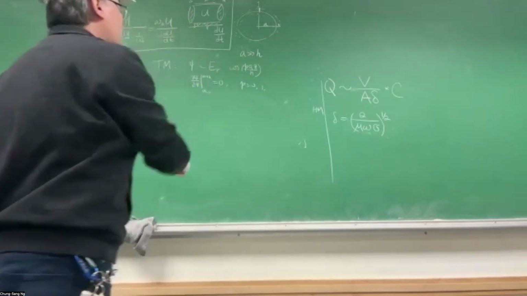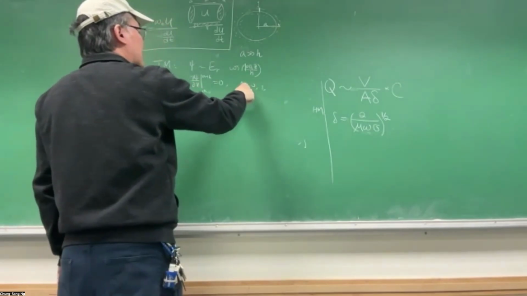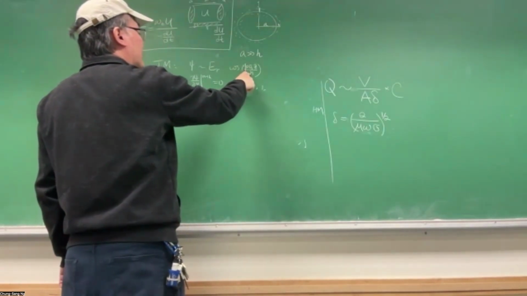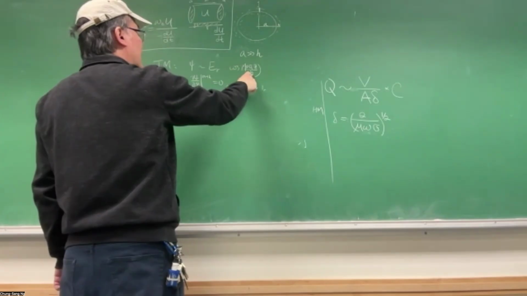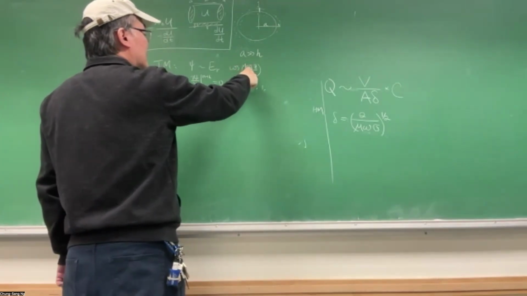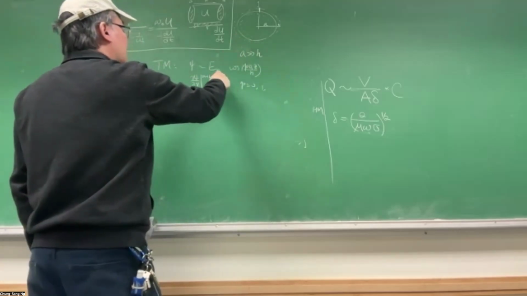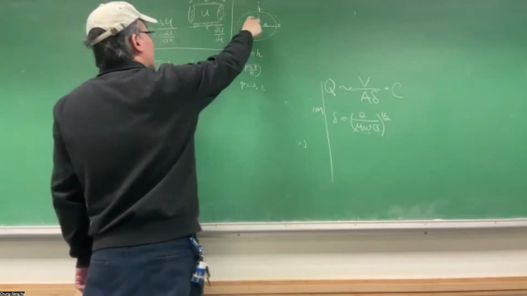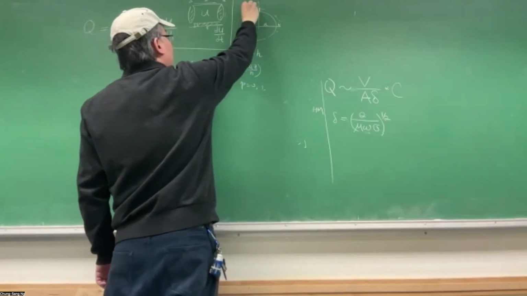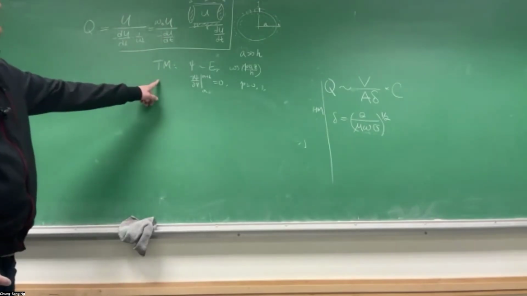You only require the derivative to be 0, so you can take the 0 value. Then cosine is just 1, because cosine 0 is 1, right? So that's just like the radial electric field outward in that case.